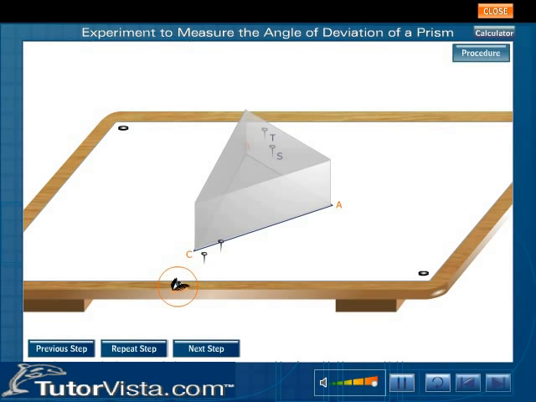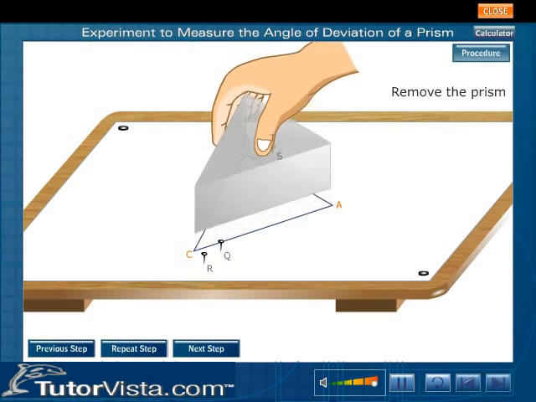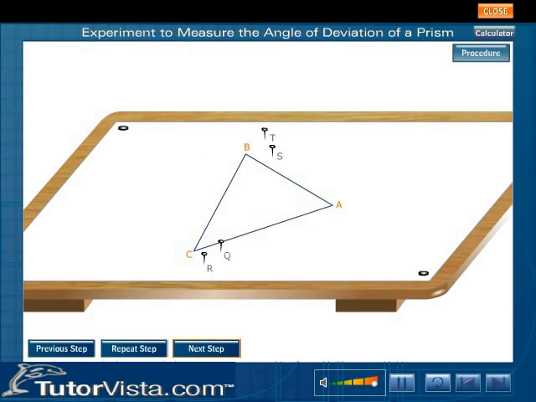Looking through the other side, fix two more pins Q and R in such a way that all the four pins appear to be in the same line. Remove the pins and mark their positions.